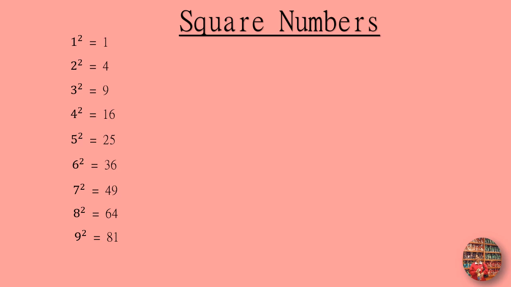So we should know the basic small numbers and what their squares are. 1 square is 1, 2 square is 4, 3 square 9, 4 square 16, 5 square 25, 6 square 36, 7 square 49, 8 square 64, 9 square 81. So these basic things one must know before finding the square of big numbers.